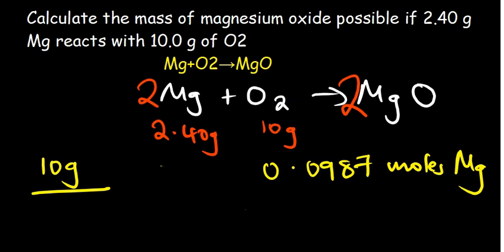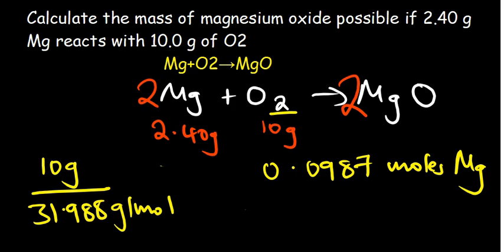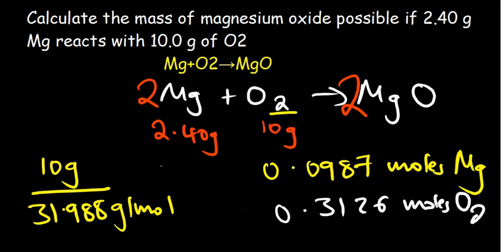In this case, we have only a coefficient, and we don't consider the coefficients of the mole ratios. So we have to multiply by 2: 2 multiplied by 15.994 for oxygen, which is approximately 31.988, just like 32 grams per mole. So dividing, our number of moles of oxygen is 0.3126 moles of diatomic oxygen, O2.